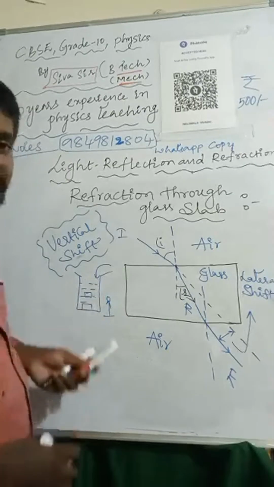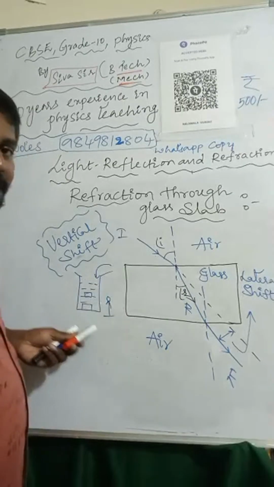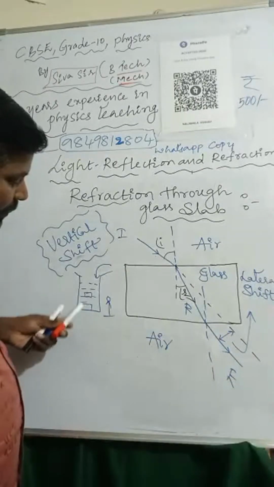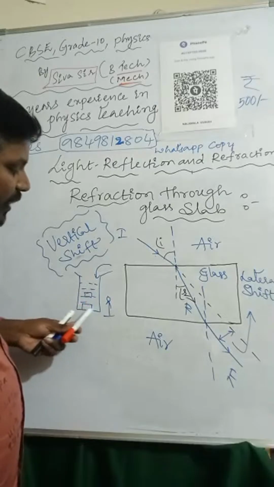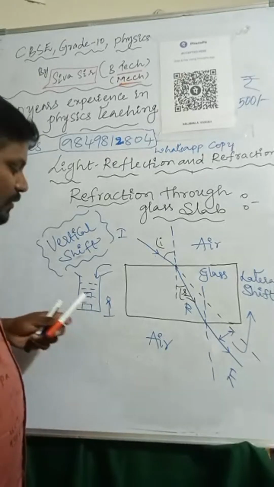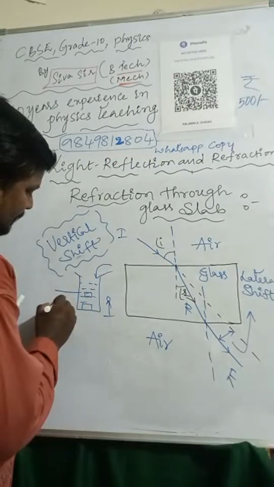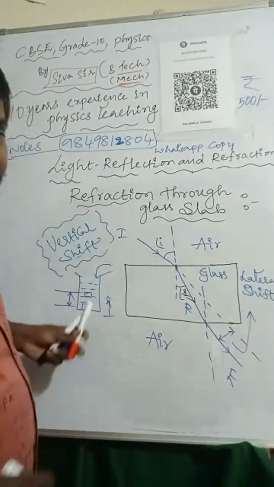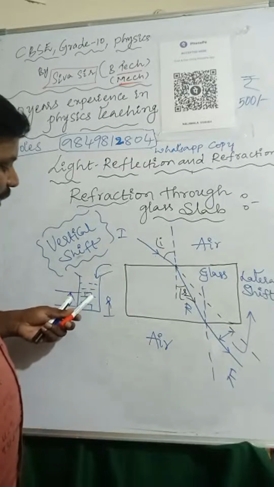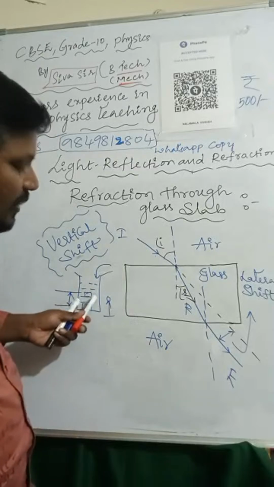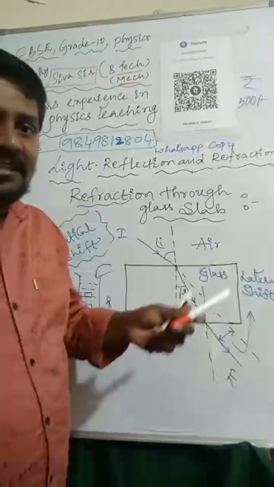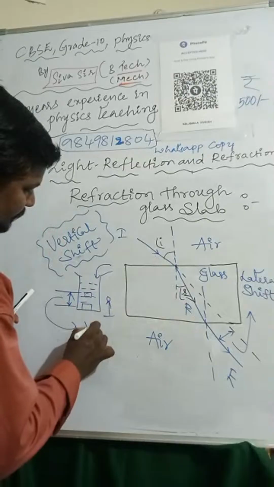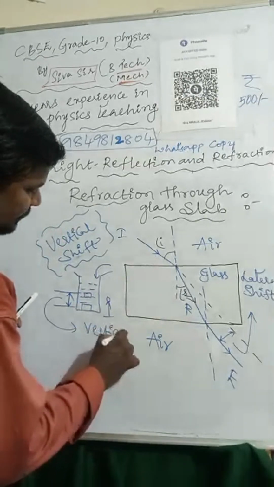Actually, the coin is at the bottom of the beaker itself, but the position of the coin appears here. The distance between the actual position and the apparent position is called vertical shift.